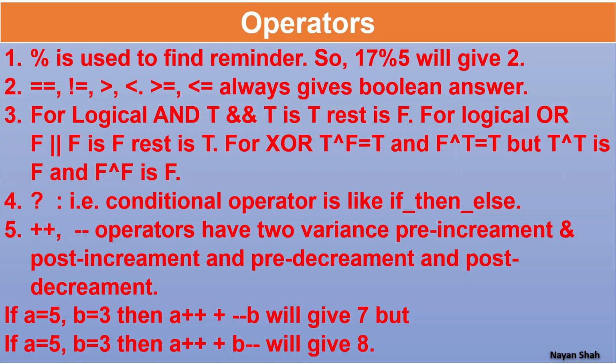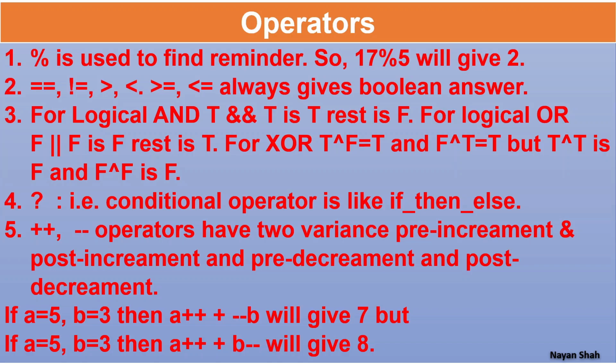See, two examples are there. If variable a is equal to 5, variable b is equal to 3, then a plus plus plus minus minus b. See, that is an increment operator and a decrement operator. But increment is post-increment, because plus plus is written after a, whereas decrement is pre-decrement because it is written before b, minus minus b.